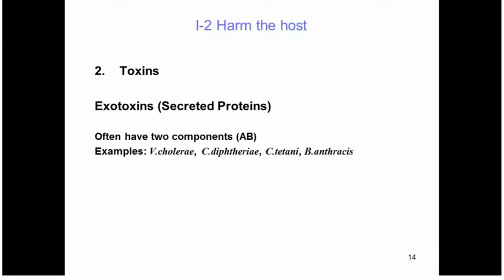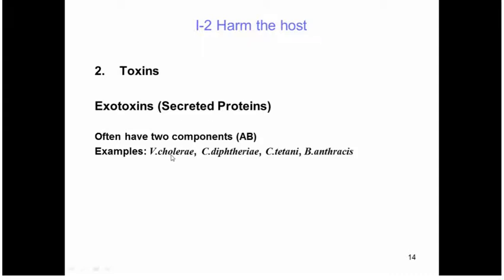Exotoxins are secreted proteins which will have a specific target in the host. There are different families of exotoxins, and one of the frequent ones is the AB family. So there are two components, the B, which will bind to a receptor on the host cell, and the active component, which will have enzymatic activity and will do something inside the host cell.